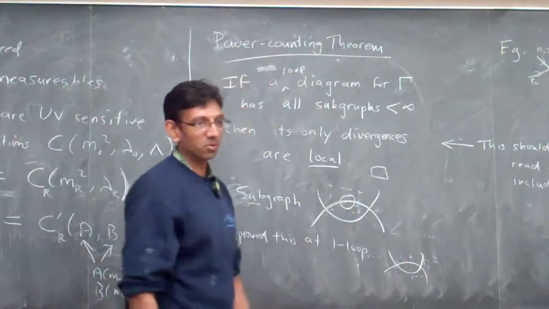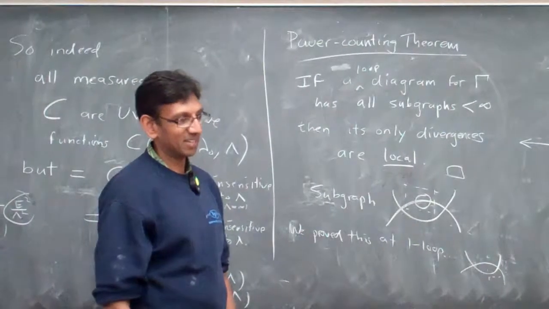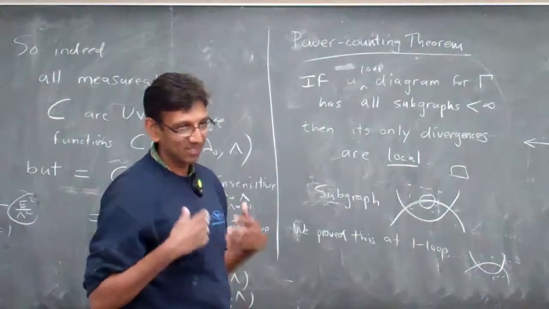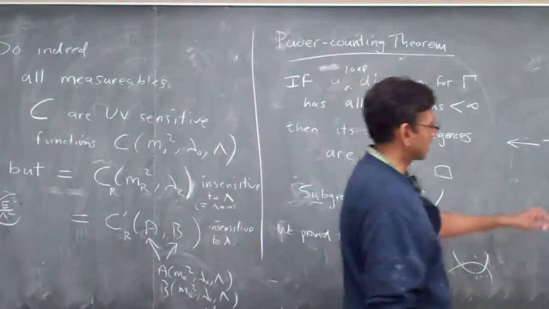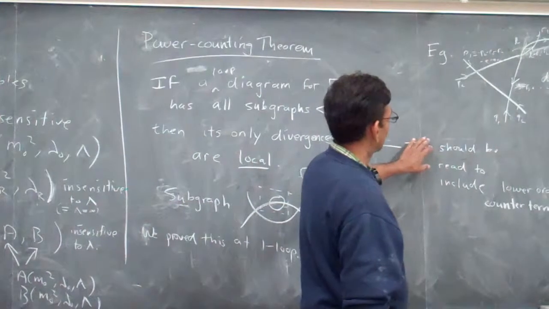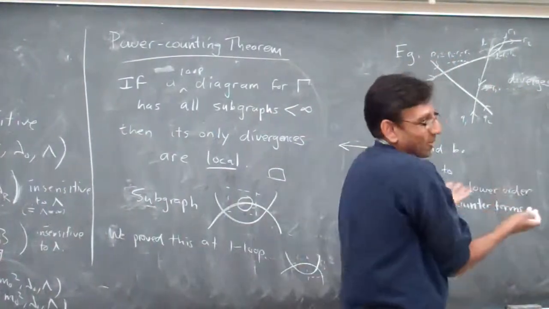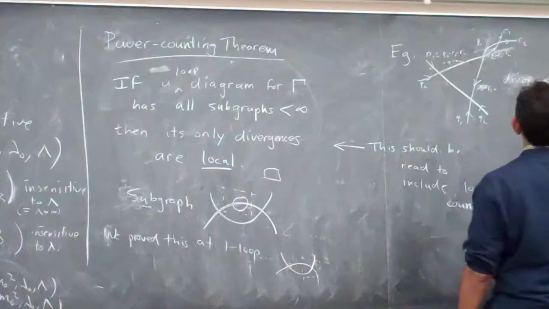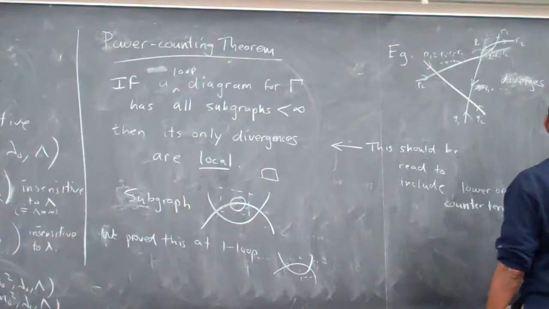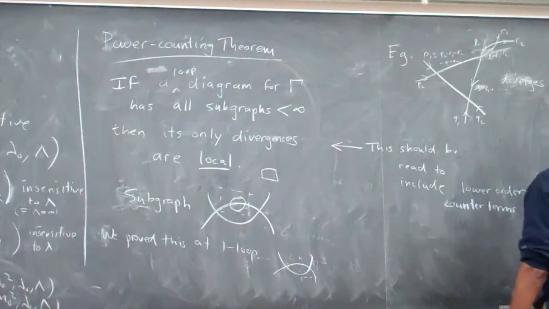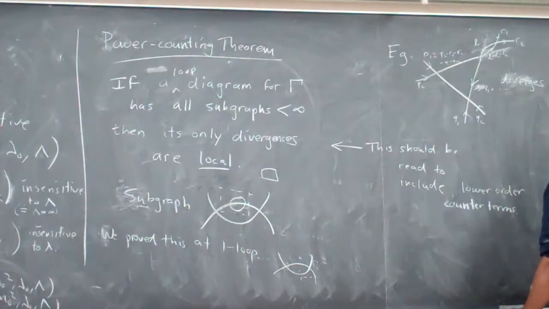Okay, I'm massaging what was probably the original form of the power counting theorem to make it as straightforwardly usable with our strategy. But basically, we should not consider this diagram in isolation. We should consider it with this delta lambda one loop counterterm.